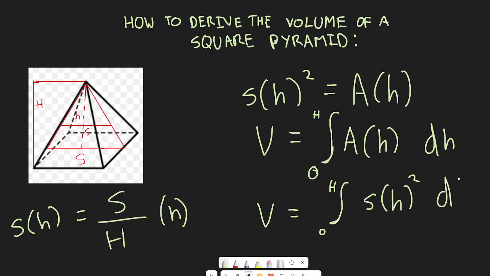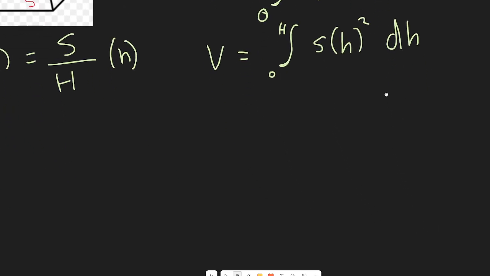squared dh. Okay, so what I wrote over here, as I said, is S as a function of h, right? But if you wanted to, you could have just written this as lowercase s squared. There's really no h variable over here. So what we need to do is, over here we solved for S in terms of lowercase h, so we can substitute that into our equation.